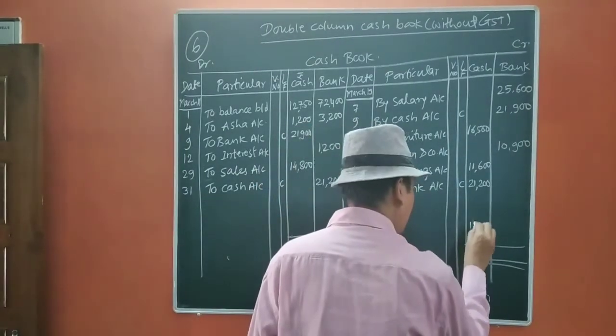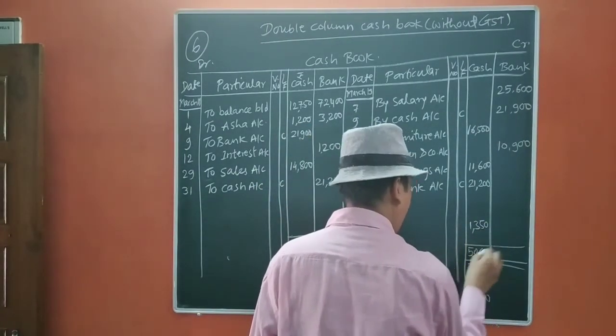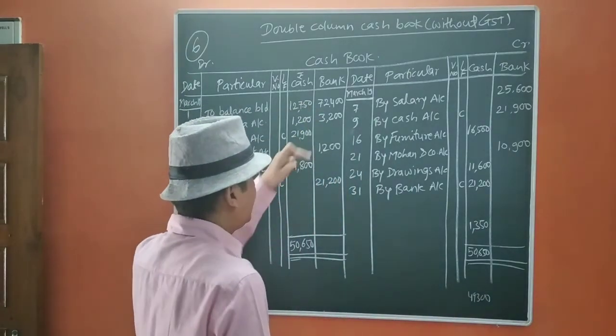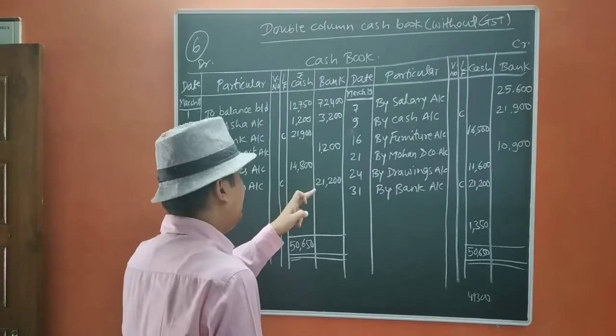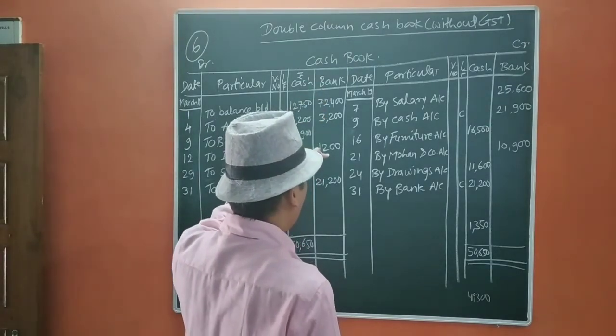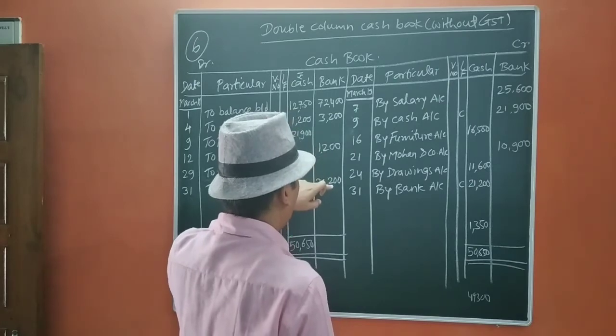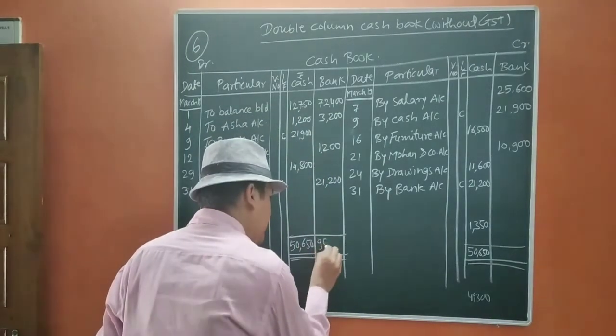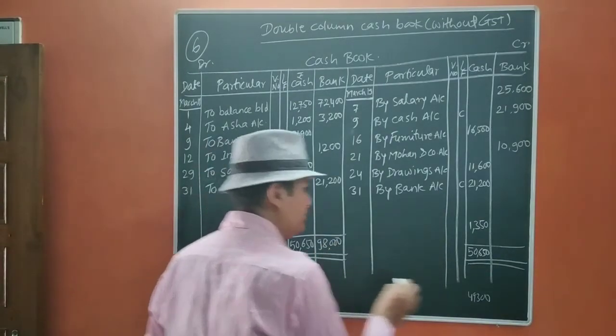Okay, the balance is 1,350. The difference of both. 72, 75, 76, 77, 97, 97,600, 97,800, 98,000. Okay, the total is 98,000.